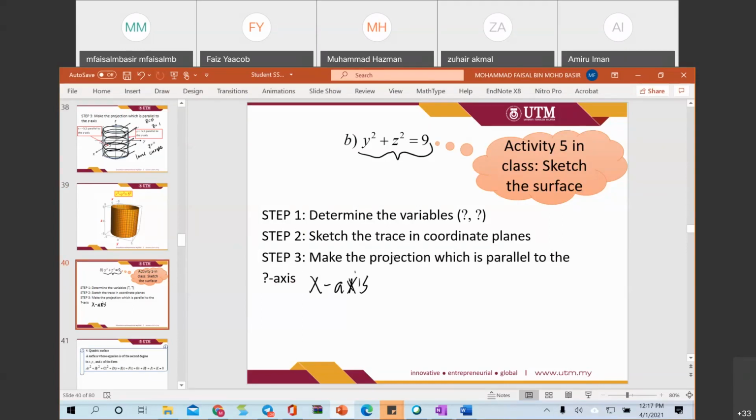Cylinder. Yes, it is a cylinder. But what does this represent? A circle. Yes, a circle, right? A circle in ZY, plus or minus 3.